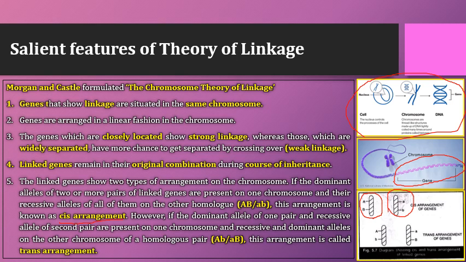However, if the dominant allele of one pair and the recessive allele of the second pair are present on one chromosome, and the recessive and dominant alleles are on the other chromosome of the homologous pair, that is capital A and small b, and small a and capital B, this arrangement is called trans arrangement.